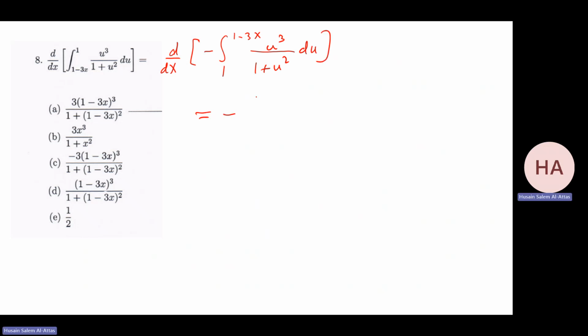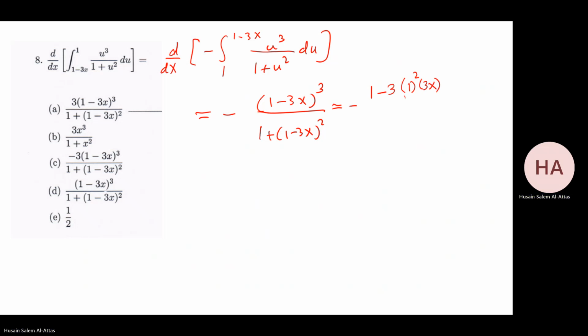That will be 1 minus 3x cubed over 1 plus 1 minus 3x squared, all of this times minus 3.